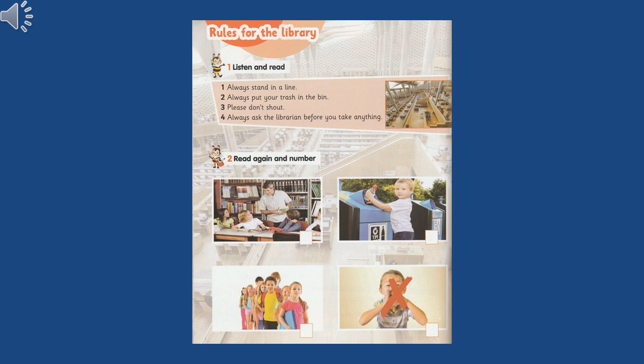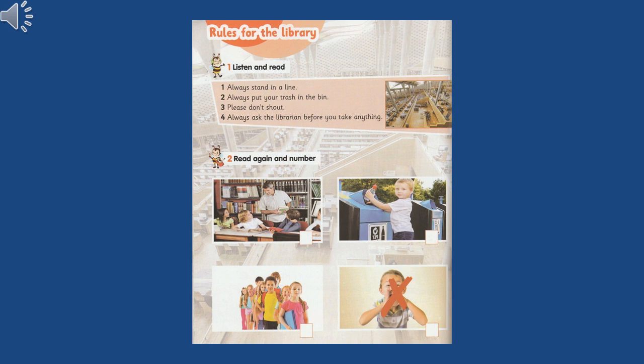The third picture, what can you see? Yes, they are students who are standing in a line. Excellent. So, which rule is it? Always stand in a line. So you will write number 1. The last picture.